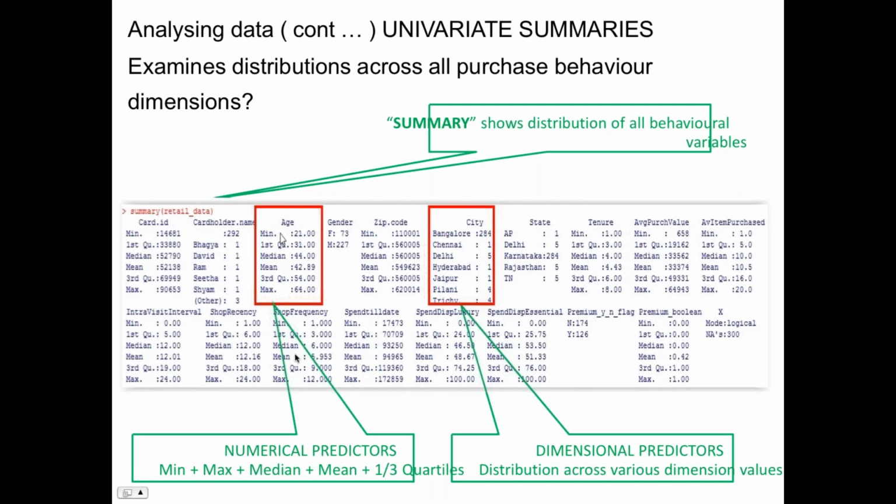It will show me the numerical predictors as well as the dimensional predictors. Numerical are the mean, median, mode, and we will study them in statistics. And the dimensional predictors are various dimensional values like Bangalore city, Chennai, Delhi, and how many of the people represent each of that city.